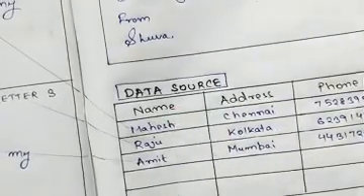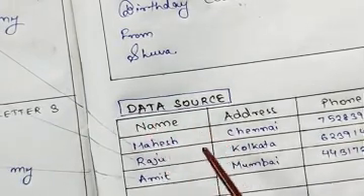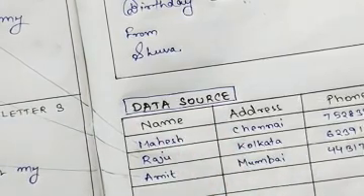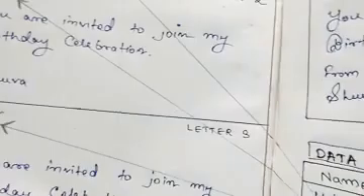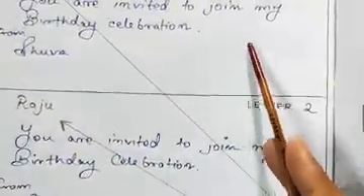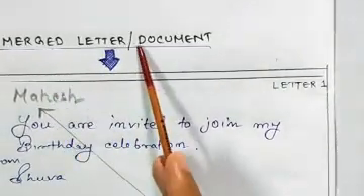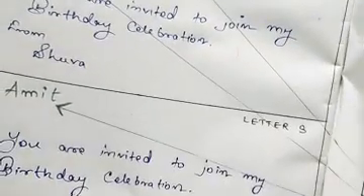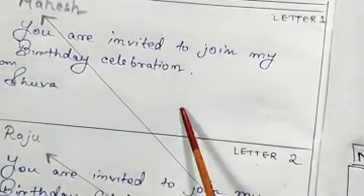Then from those 100 names, each name will be taken and put in one letter. So 100 documents will be created, and the combination of those 100 documents will be the merged document. Similarly here also, letter 1, letter 2 and letter 3. These 3 together give rise to the merged letter or merged document. This complete document has 3 letters in it, and this is called the merged document.